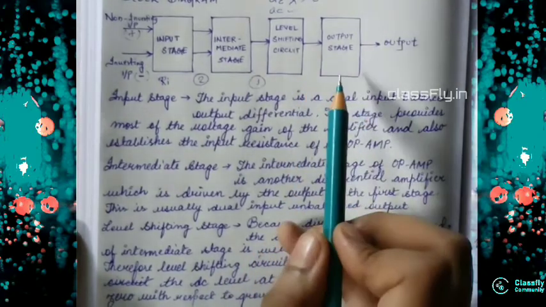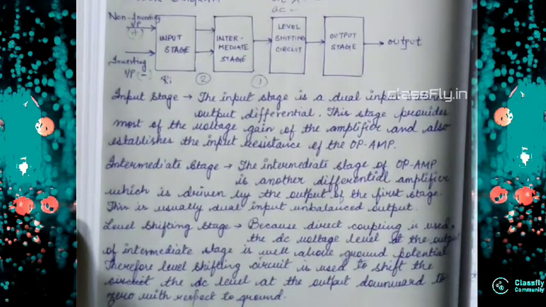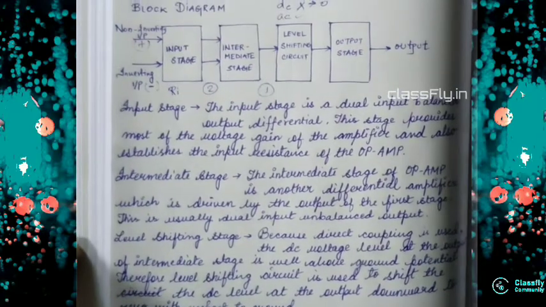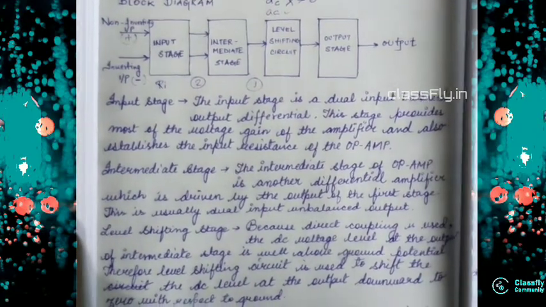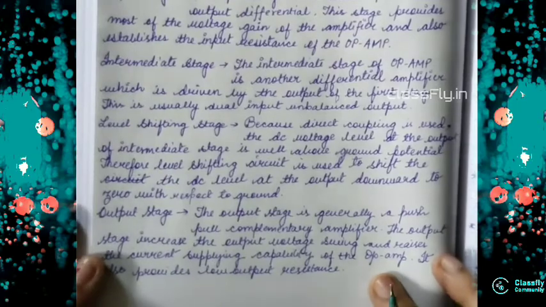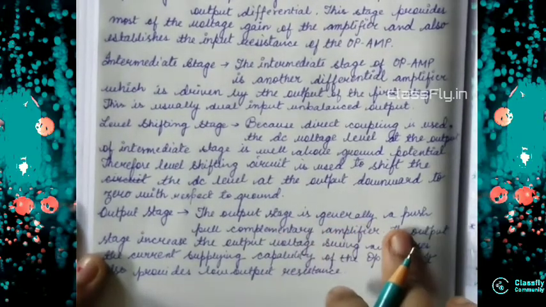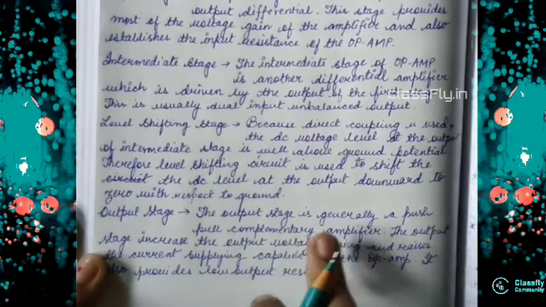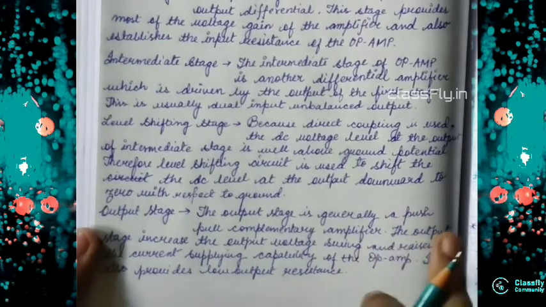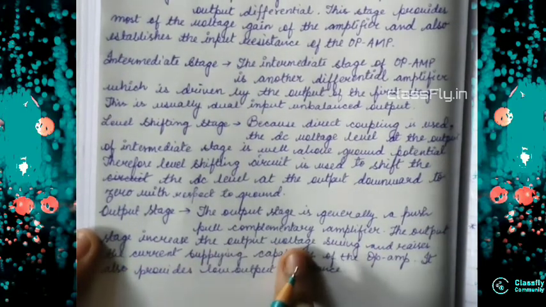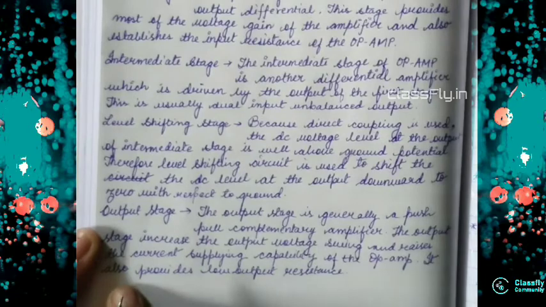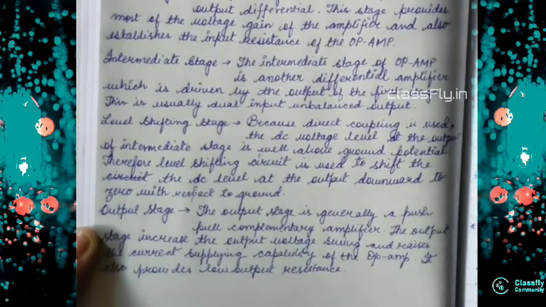So now let's move on to our output stage, the most important and the largest part of the block diagram of the op-amp. The output stage is generally a push-pull complementary amplifier. The output stage increases the output voltage swing and raises the current supplying capability of the op-amp.